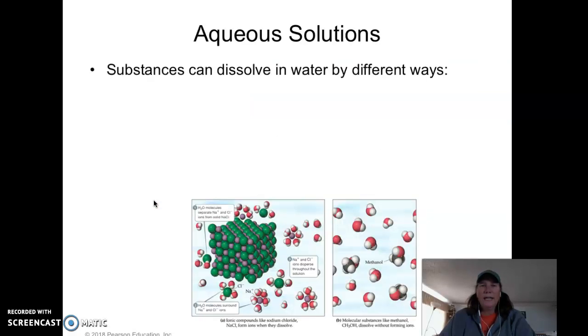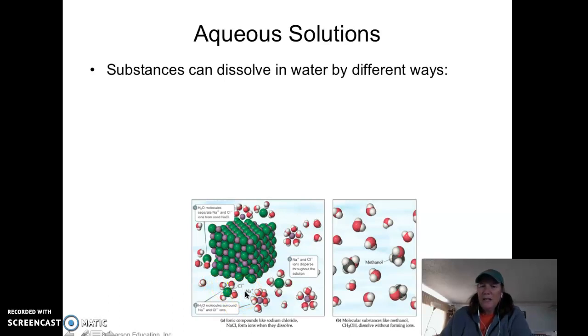So for an aqueous solution, the biggest thing with water, and the reason why it's so good at its job, is because it's polar. Remember, if you look here, this oxygen end is negative and this end is positive. So you have poles, and they can go in. Here's a salt crystal with your sodium and your chlorine. They can go in there with their positives and negatives and separate them.